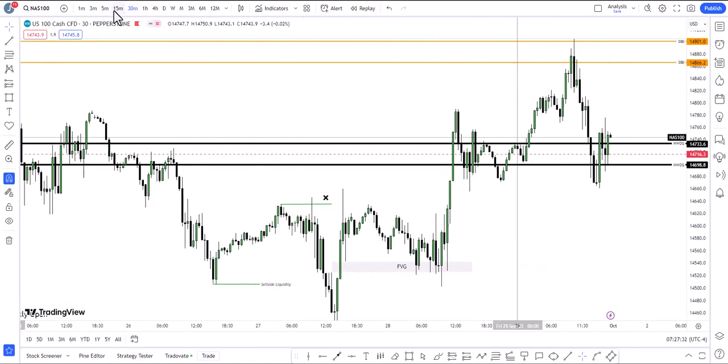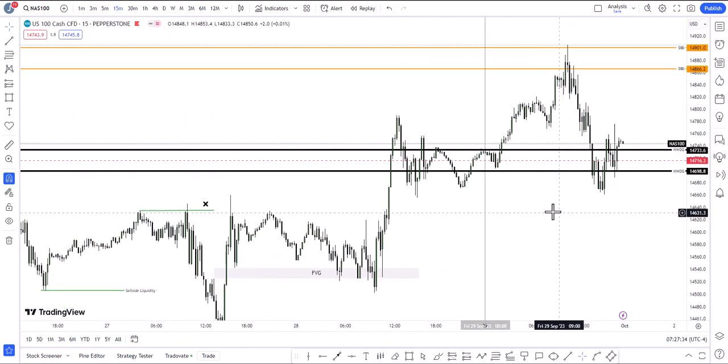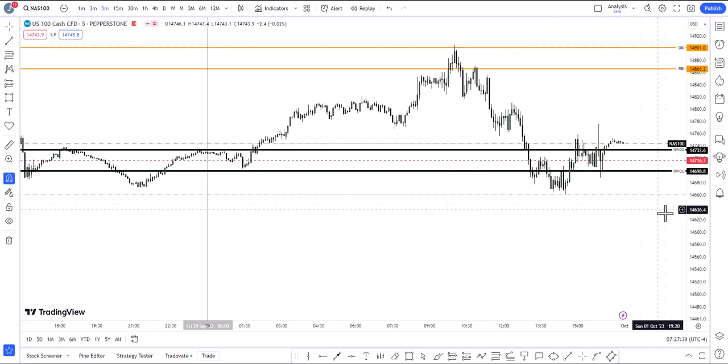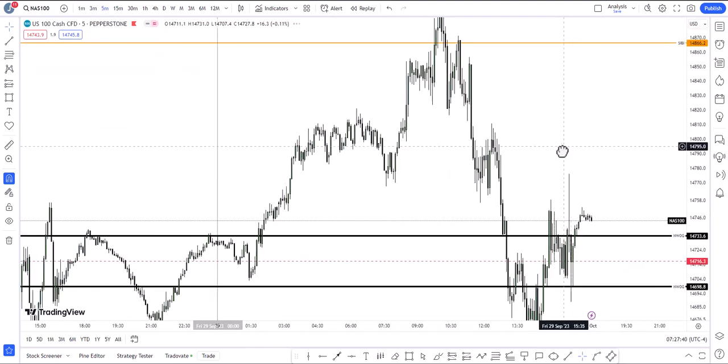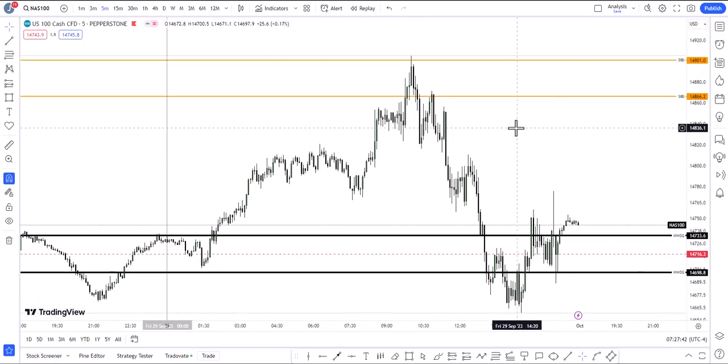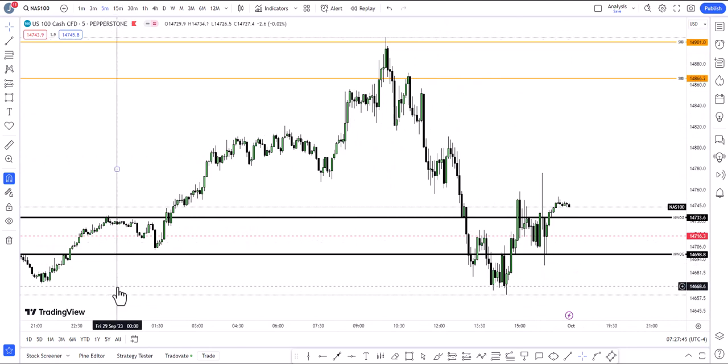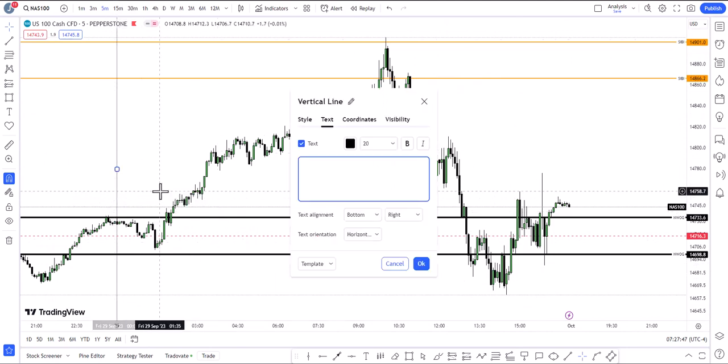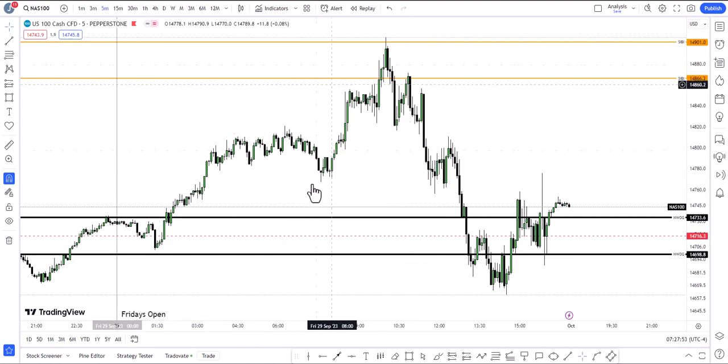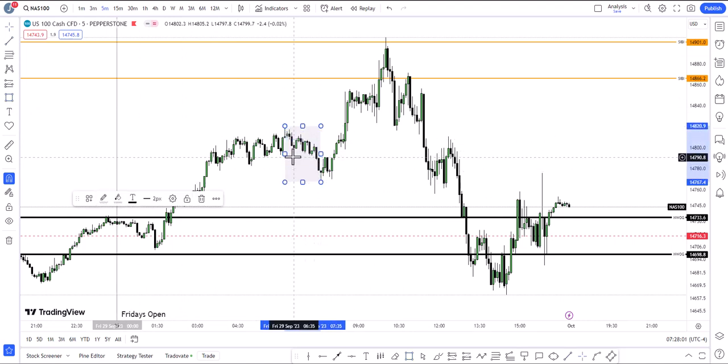Yeah, so I'm going to break down Friday's trading because this is where mainly I was trading. So let me show you there. So we have Friday's opening here. I'm on a 5-minute chart here. Just the whole price over here, just stuck in this range there.